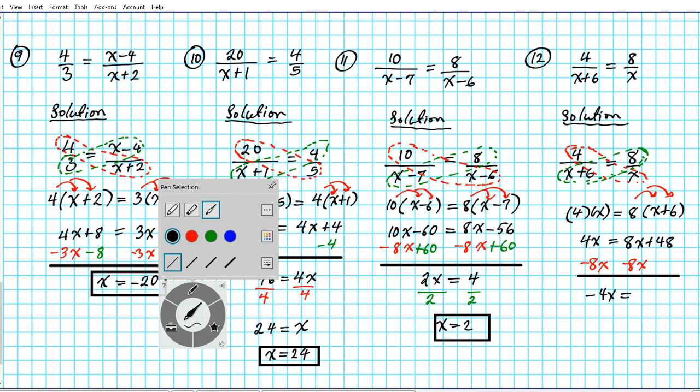Negative 4x equals 48. And then to get x isolated, we'll divide both sides of the equation by negative 4. So negative 4, negative 4. And the final answer, x, is going to be 48 over negative 4, which is negative 12. And there you have it.